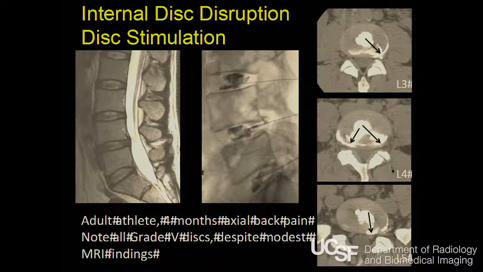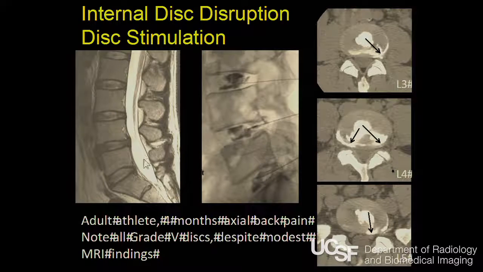When I perform discography, I don't do control levels as much as I used to in the past, because I'm worried that by putting even a small gauge needle into a normal disc, I might be causing accelerated degeneration of that disc. You can see, however, the value of discography in this adult athlete who had many months of axial low back pain.